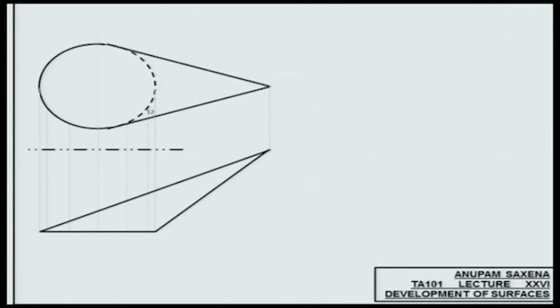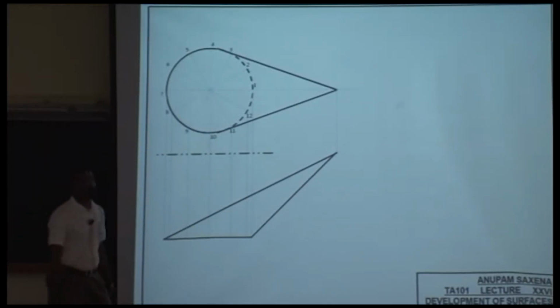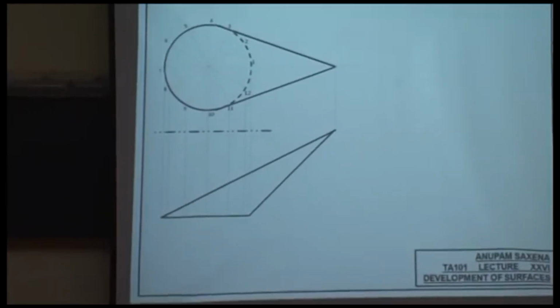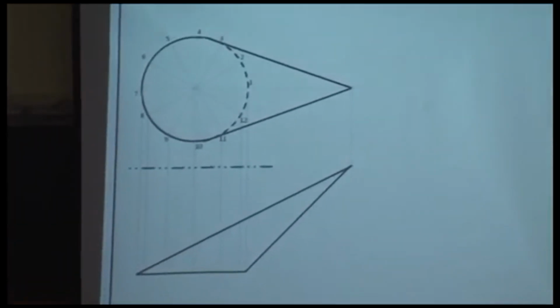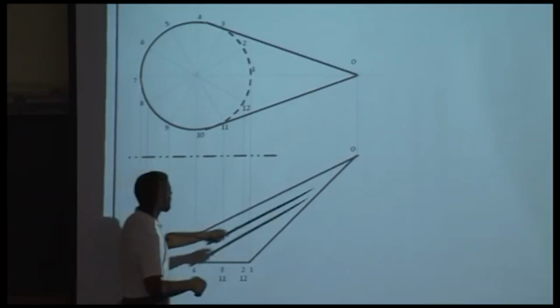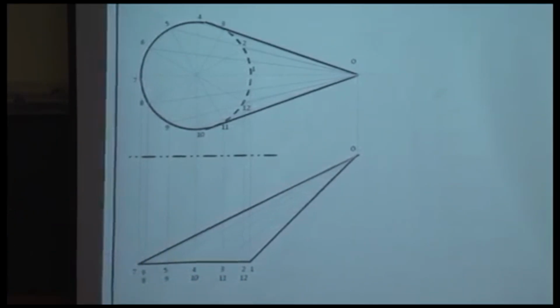This is how. Divide the base into equal number of parts, label these vertices 1 to 12, and draw generators from each of these vertices to join the apex O. Okay, so project those vertices down onto the front view. The apex of the cone over here is O. Join each of these vertices to that apex.